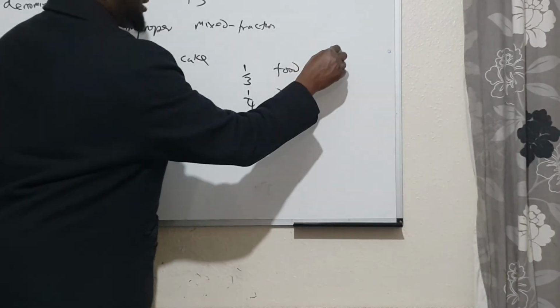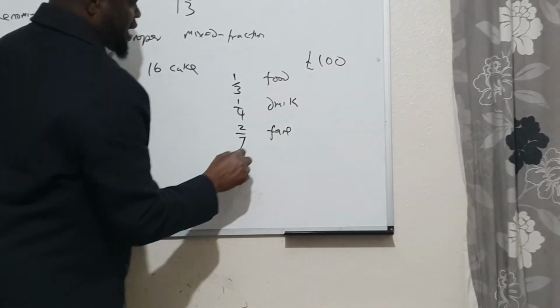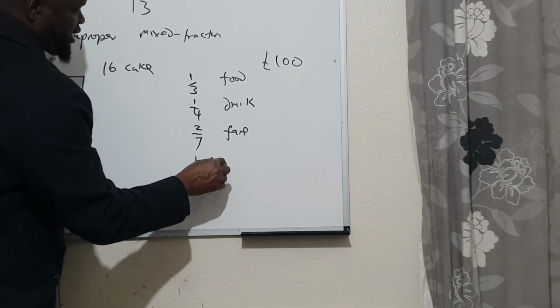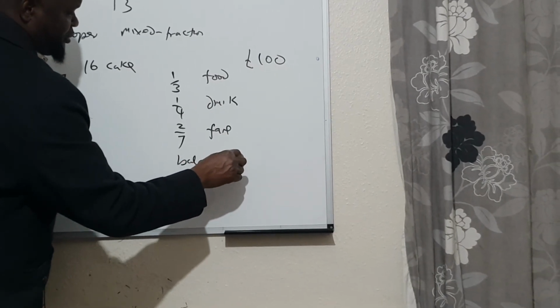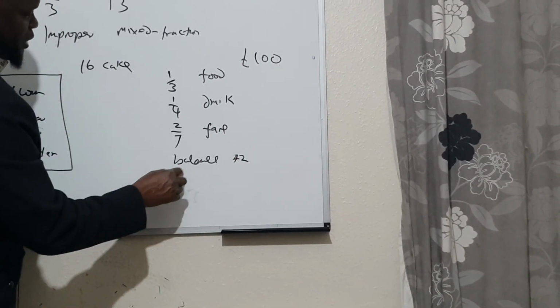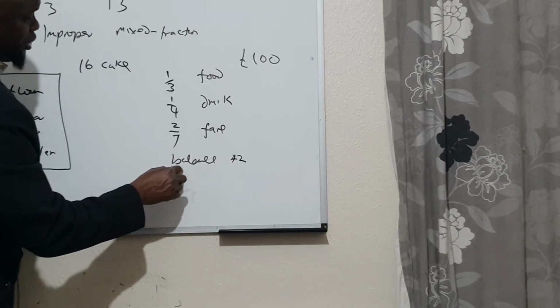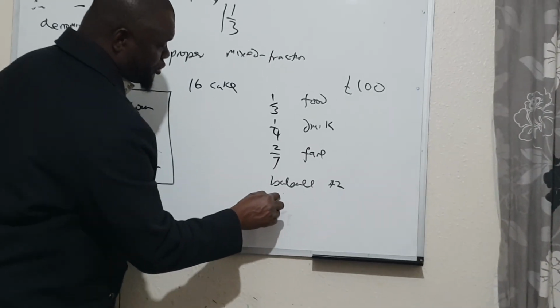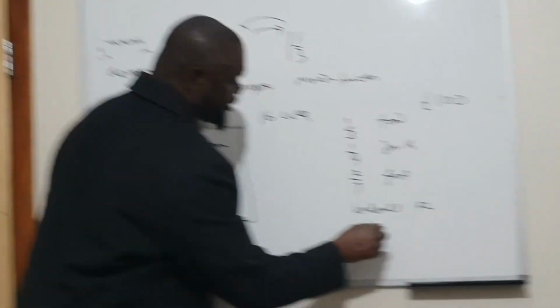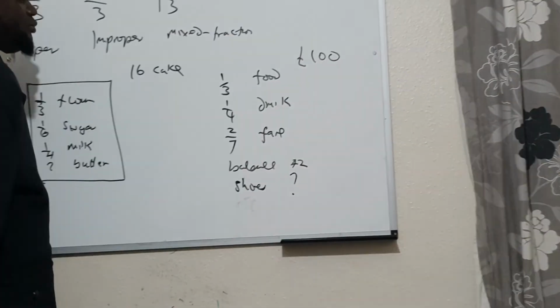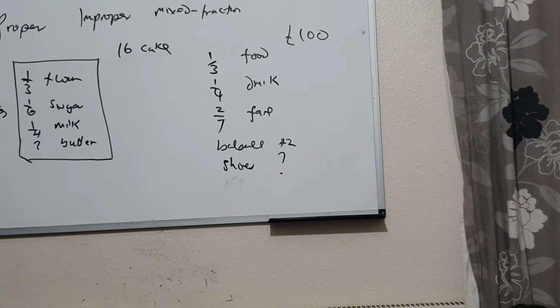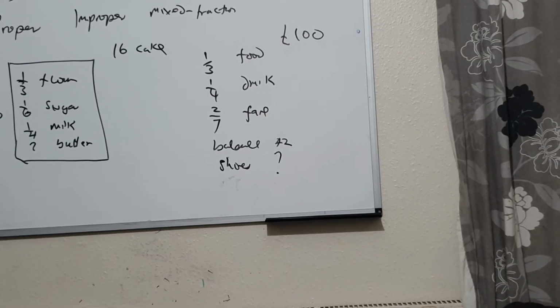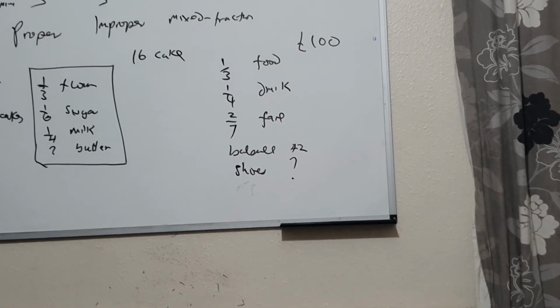And he went with £100. And the balance he got when he came back home was £42. What was spent on shoes? So on shoes he spent, we don't know. Okay? Can you guys work out what was spent on shoes?